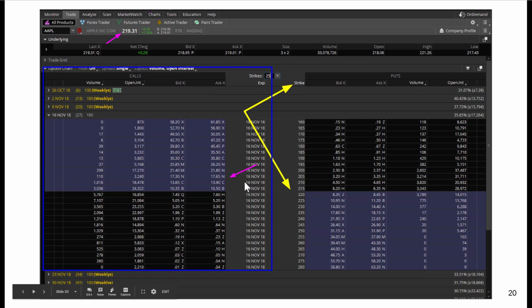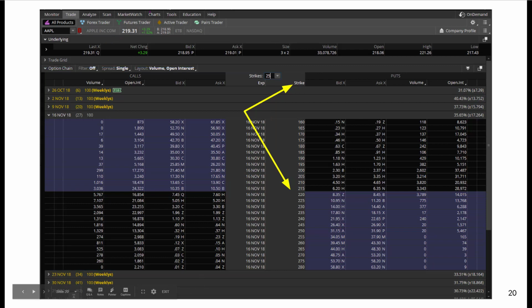Basically, you're buying a contract, and you'd be buying the 205s hypothetically. That would be roughly a delta 70 or delta 60. Those options already have intrinsic value because price is already 14 points ahead of that. Hopefully that makes sense.